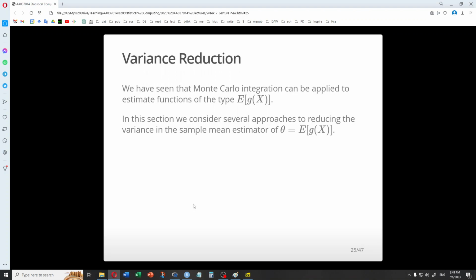Okay, so now we are going to move on to the next topic, variance reduction. Previously we have seen that Monte Carlo integration can be applied to estimate functions of the type, the expected value of g of x. In this section we consider several approaches to reduce the variance in the sample mean estimator of theta, where theta is given by the expected value of g of x.